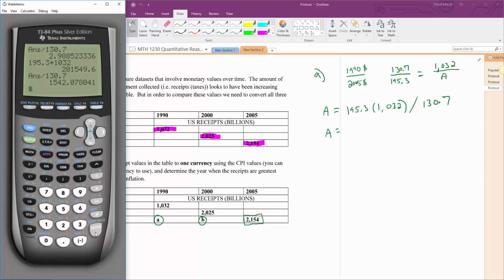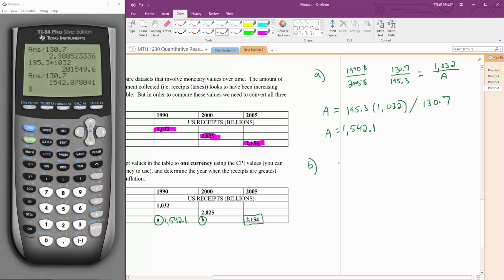We get 1,542.1 roughly, if we round that. So that value would go here, 1,542.1. So then now we can do part B.